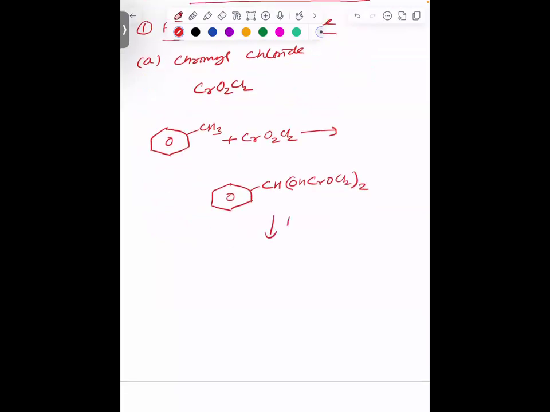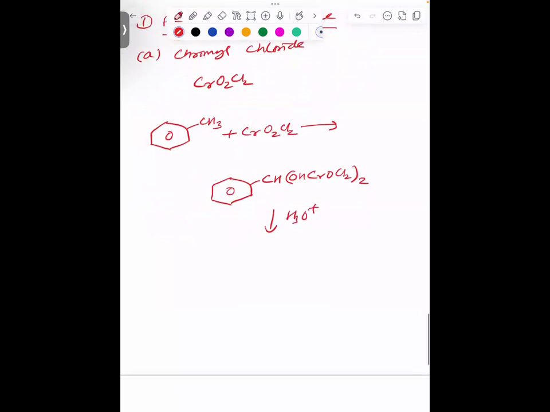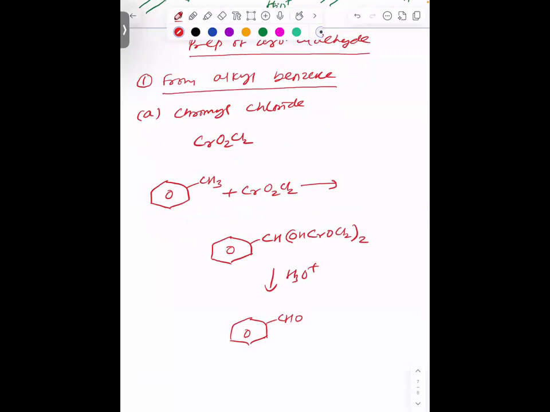It undergoes hydrolysis to form aldehyde, or benzaldehyde. So this intermediate is known as chromium complex. Quickly note down, students.